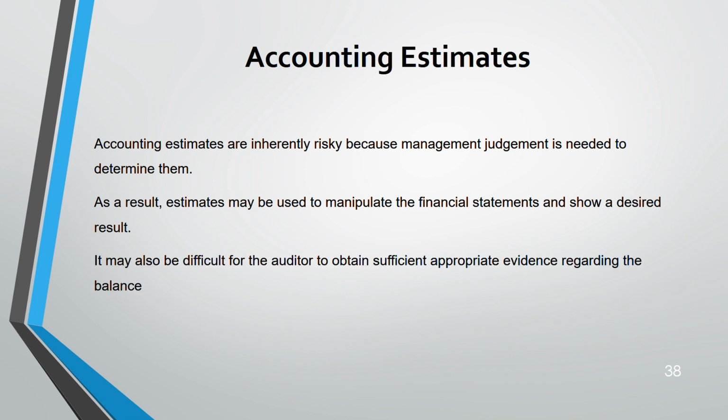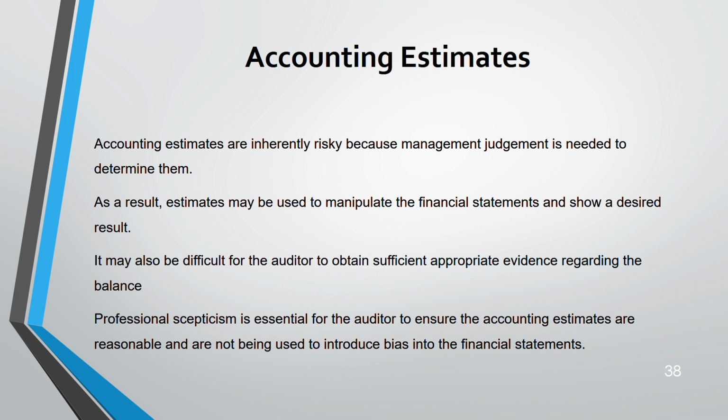That's why it's difficult for the auditor to obtain sufficient appropriate evidence for accounting estimates. If you want sufficient appropriate evidence for your cash flow, it's very easy. You can check the bank statement and cash flow and match. But for accounting estimates, because you are using your judgment, it's difficult. That's why you have to use professional skepticism more for accounting estimates.